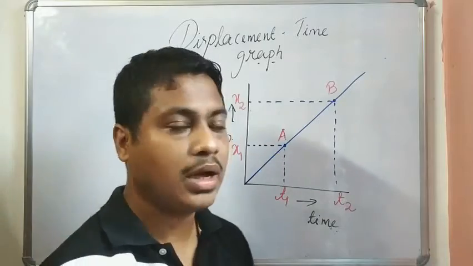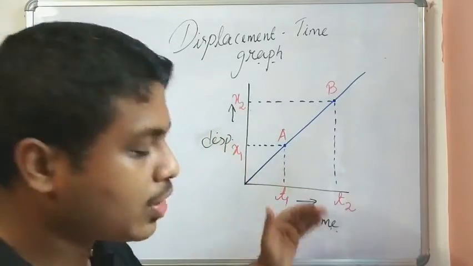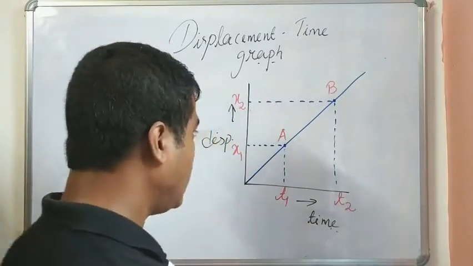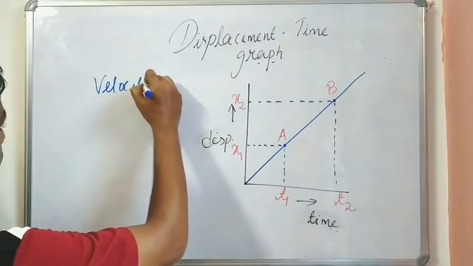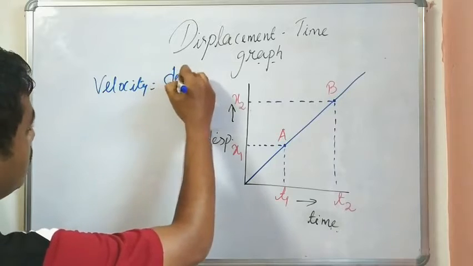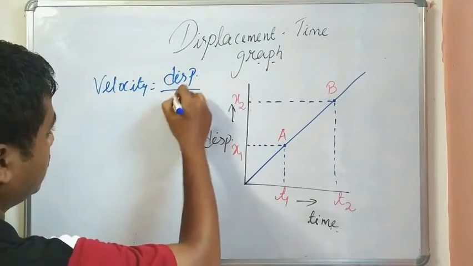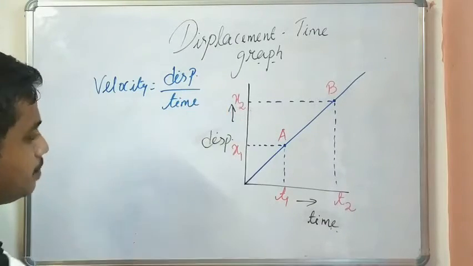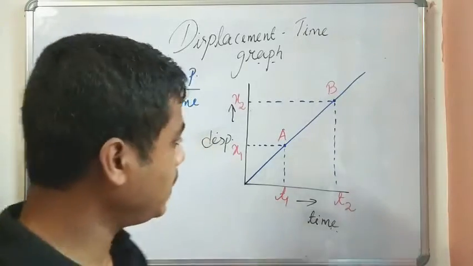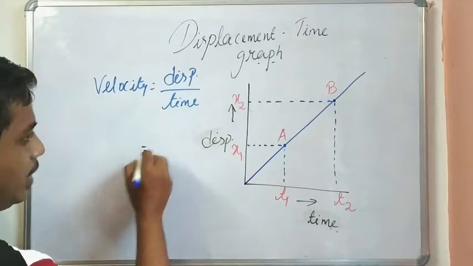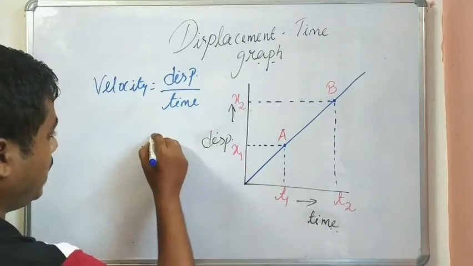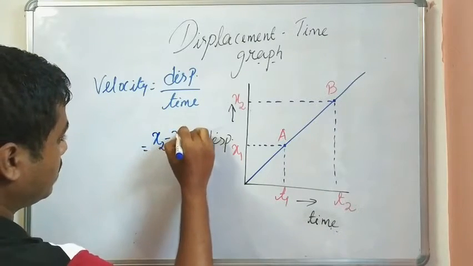Now, how do we calculate the velocity from this graph? We know that velocity is equal to displacement divided by time taken. What will be the displacement between points A and B? It will be x2 minus x1.